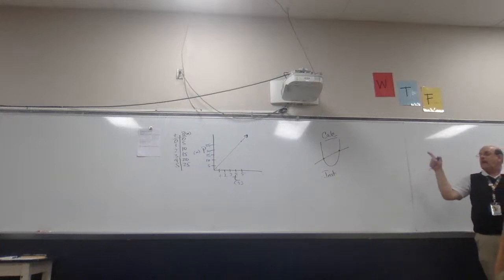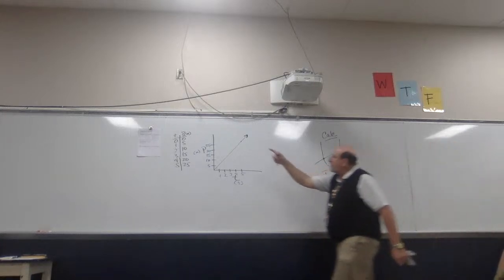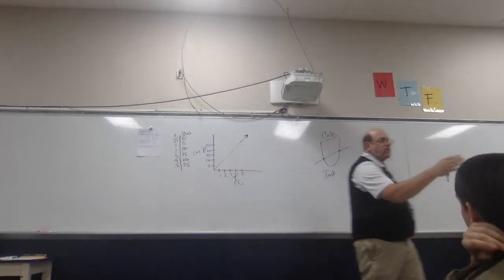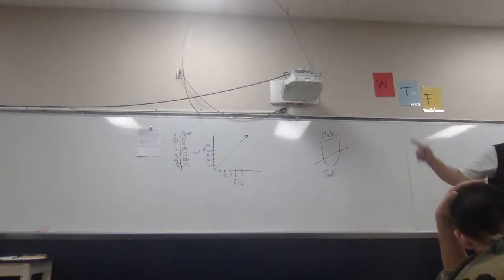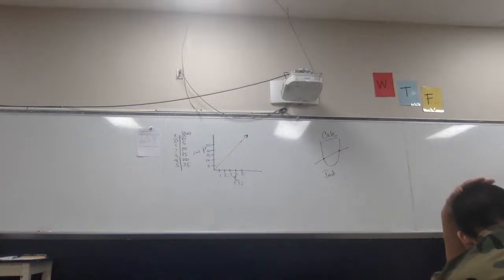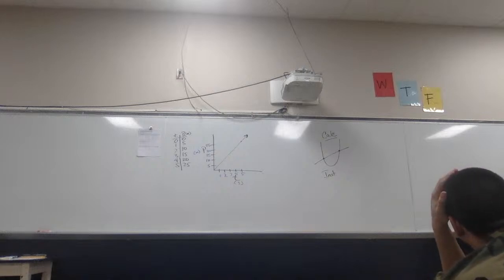We could pick a point and say it's our instantaneous as well, right? It's a straight line. When do we have to worry about instantaneous velocity? When we have a curve, right?